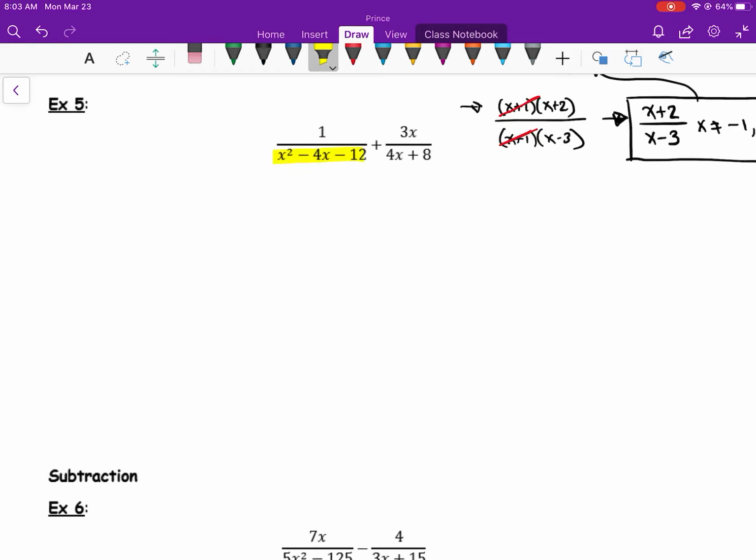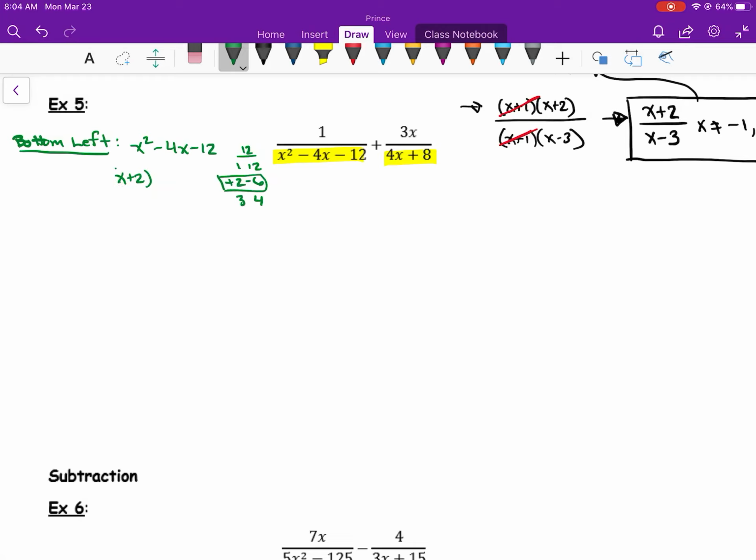Example 5, I mean. Factor. So, bottom left. I get x squared minus 4x minus 12. Factors of 12: 1 and 12, 2 and 6, 3 and 4. So I'm going to use a -6 and a +2.